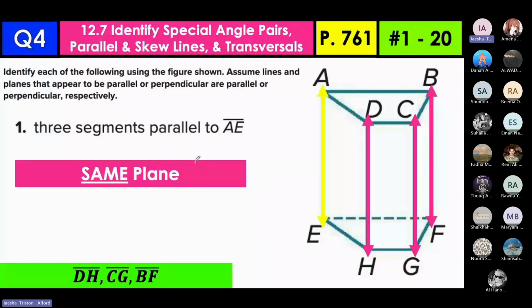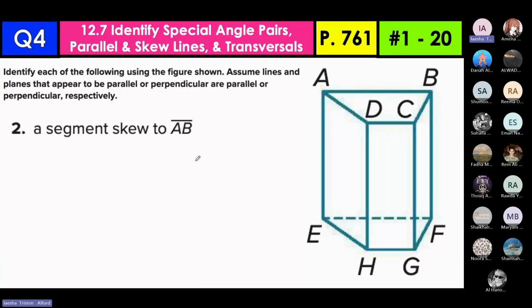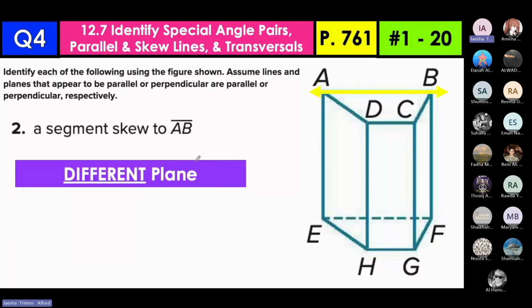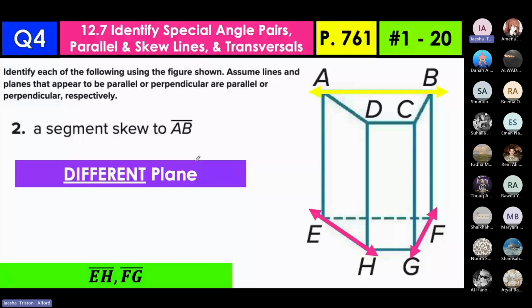Anybody have a question about number 1? No. All right. Number 2, we want skew. Should be in a different plane. HG, D and H. So E and H and F, G are going to be the skew.